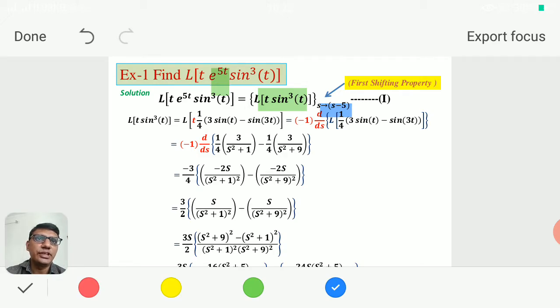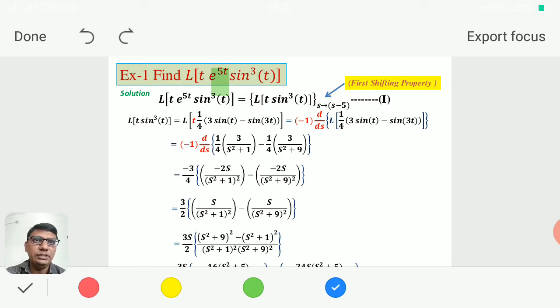Laplace of t sine cube t is not easy because it is multiplied by t, which means we differentiate one time with a minus sign the Laplace of the given function. Here the function is sine cube t, so first we find the Laplace of sine cube t and then differentiate it one time with respect to s.